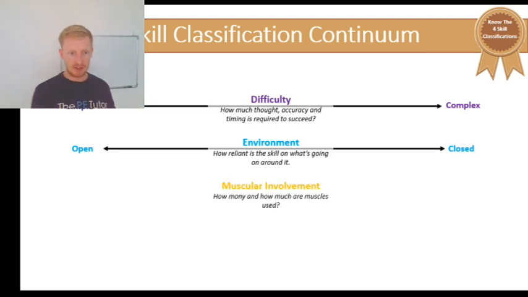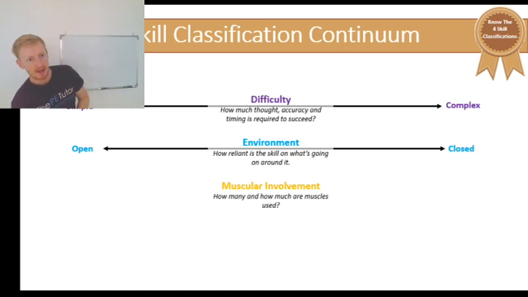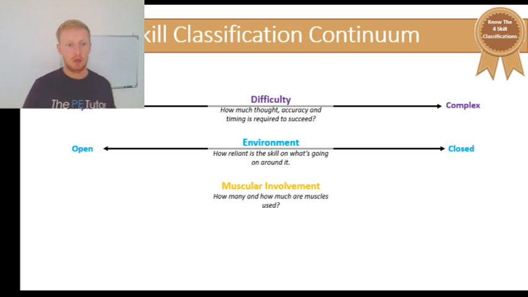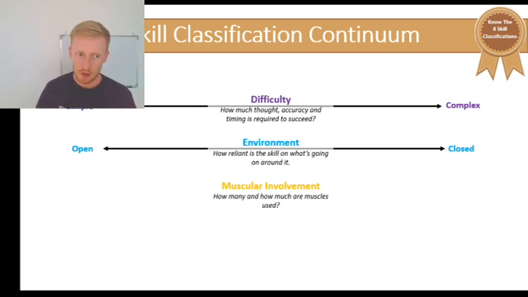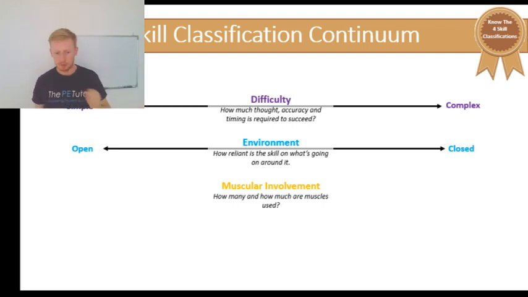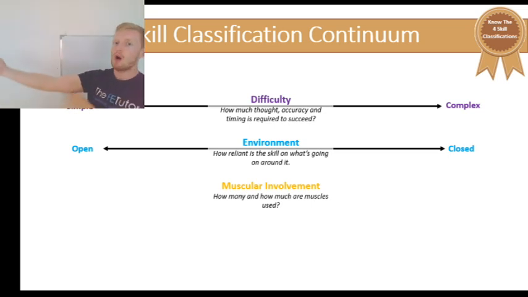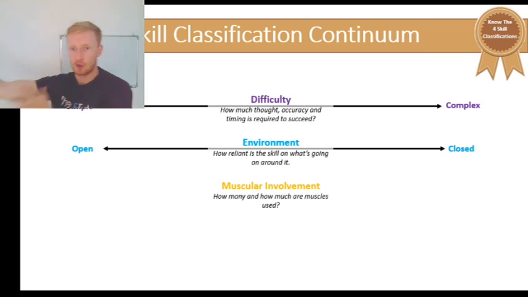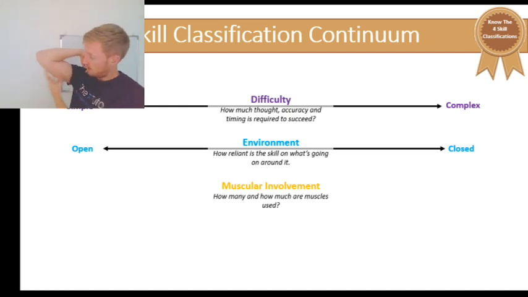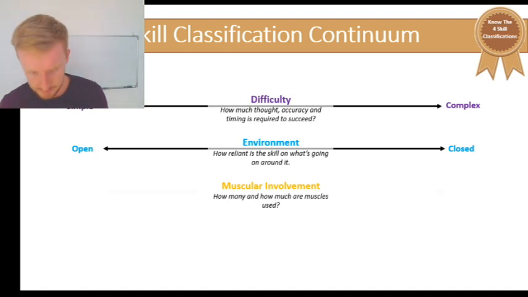Third, muscular involvement. How many and how much are the muscles used? By much, I mean contractile force. So, for example, a dart throw isn't going to require 100% recruitment of your tricep. It's using that fairly big muscle through the full range of motion, but it's not using it at maximum capacity.